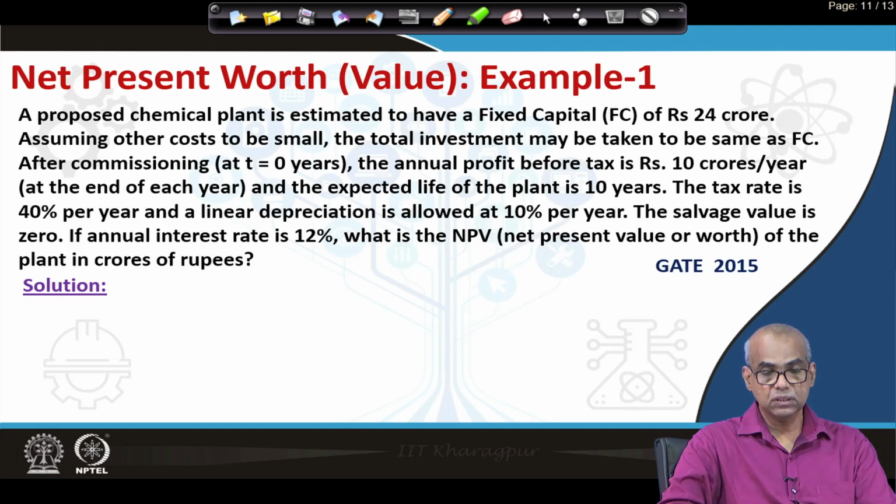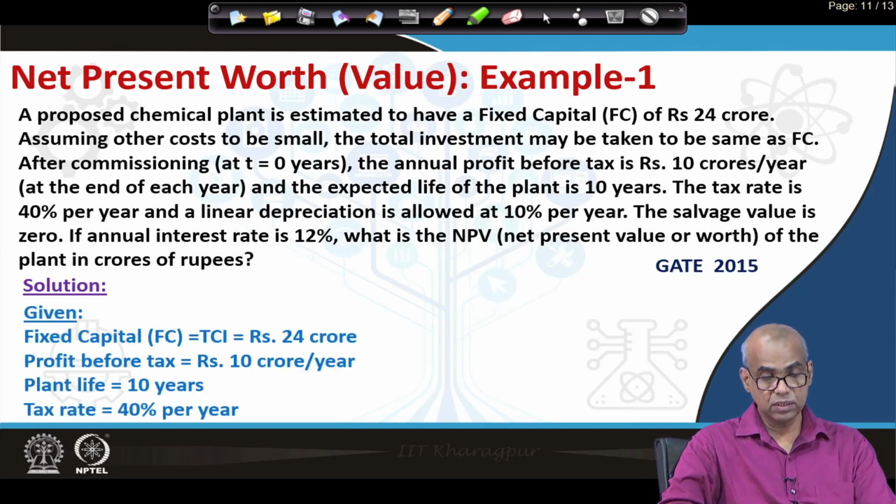After commissioning at t equal to 0 years, the annual profit before tax is rupees 10 crores per year at the end of each year, and the expected life of the plant is 10 years. The tax rate is 40% per year and a linear depreciation is allowed at 10% per year. The salvage value is 0. If the annual interest rate is 12%, what is the NPV of the plant in crores of rupees?